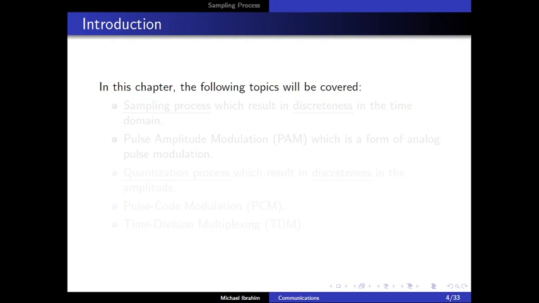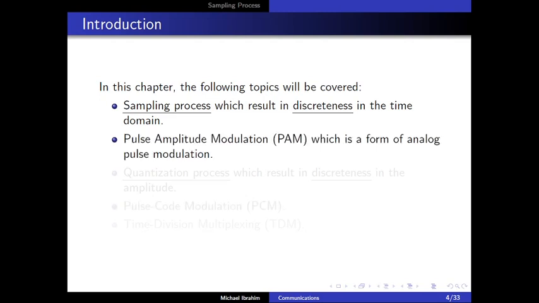So in this chapter, we will be talking about the following topics. First, we will cover the sampling process, and we will see how the sampling process affects the spectrum of the signal. Next, we will talk about the pulse amplitude modulation, which is a famous form of analog pulse modulation. And then we will move to the quantization process, which results in the discreteness in amplitude.